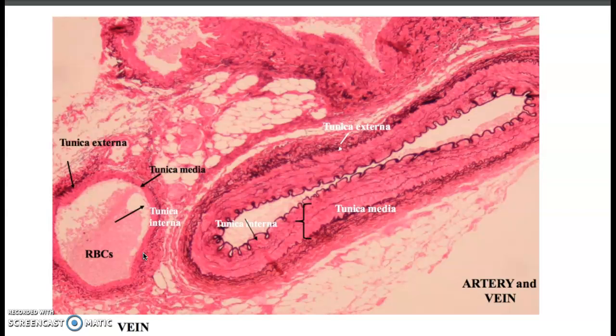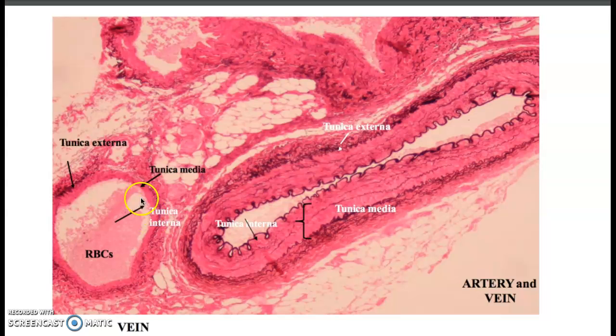The endothelium in the arteries is highly folded. This provides slack, so when the artery dilates, the endothelium is able to stretch by unfolding and thus becoming smooth.